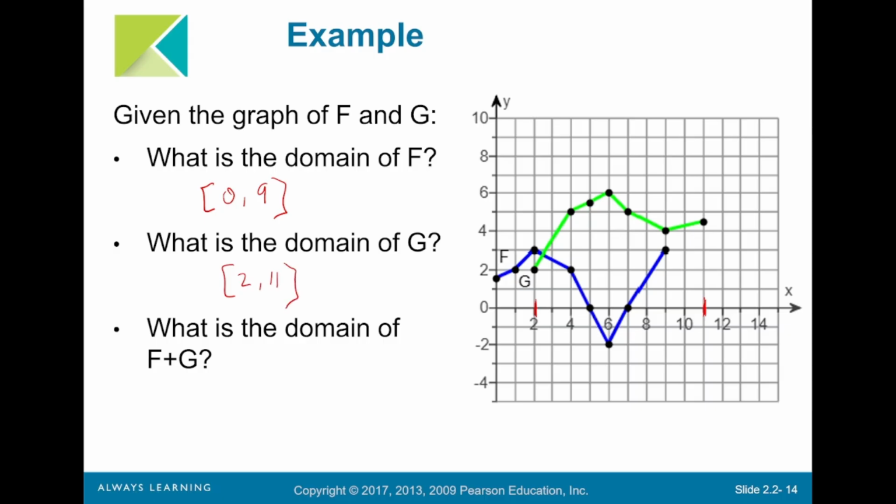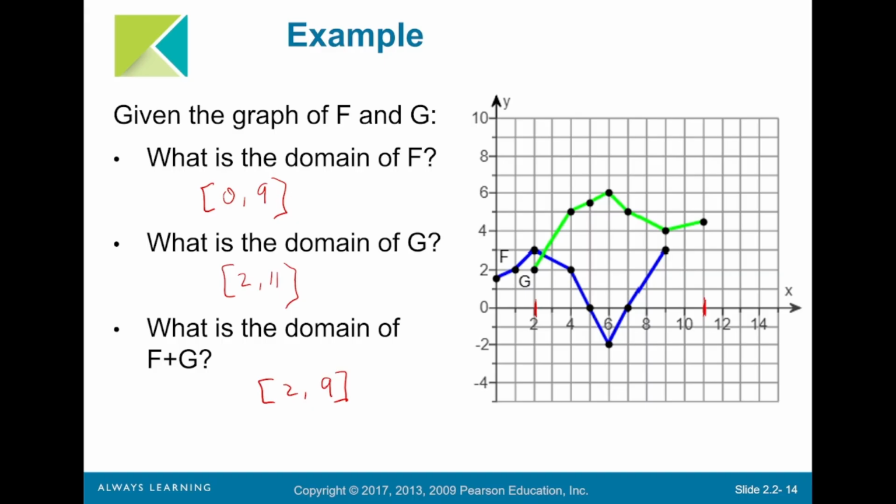Okay, and then the domain of f plus g, well, that's the intersection of the two domains. The intersection of f with g. That's basically saying, well, where do they overlap? Well, they overlap from 2 to 9. Right? 0 and 1 is not in the domain of g, and then 10 and 11 is not in the domain of f.